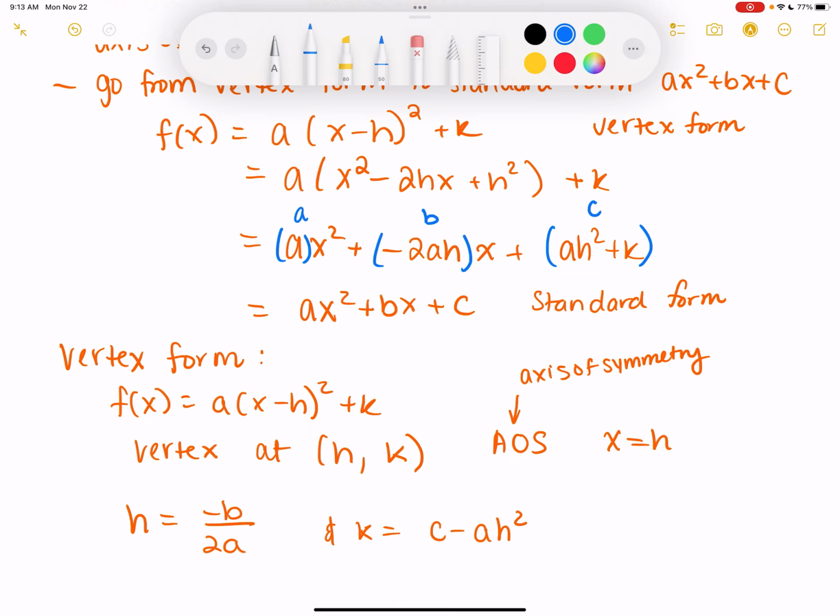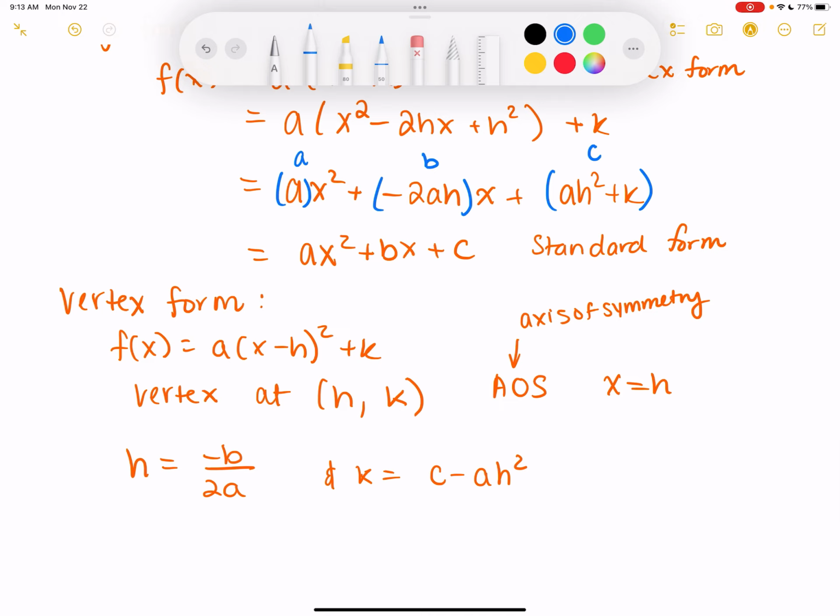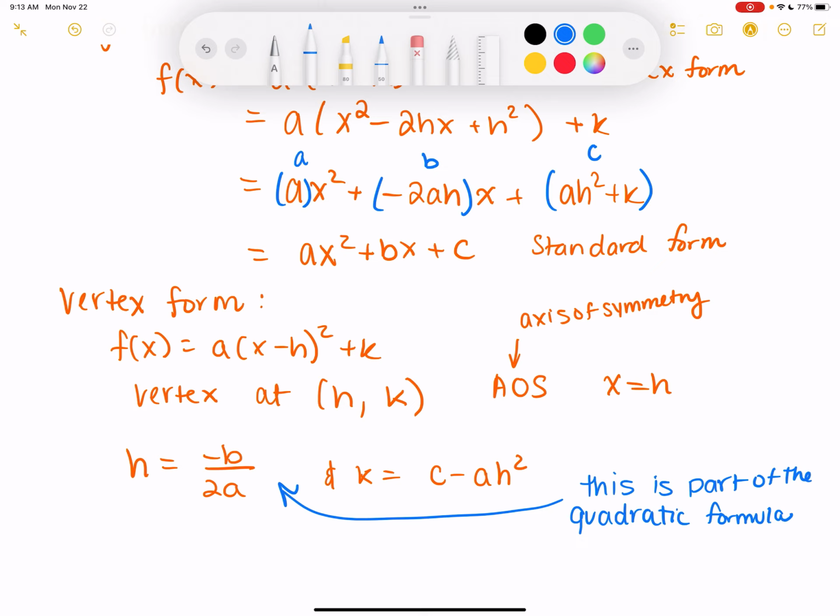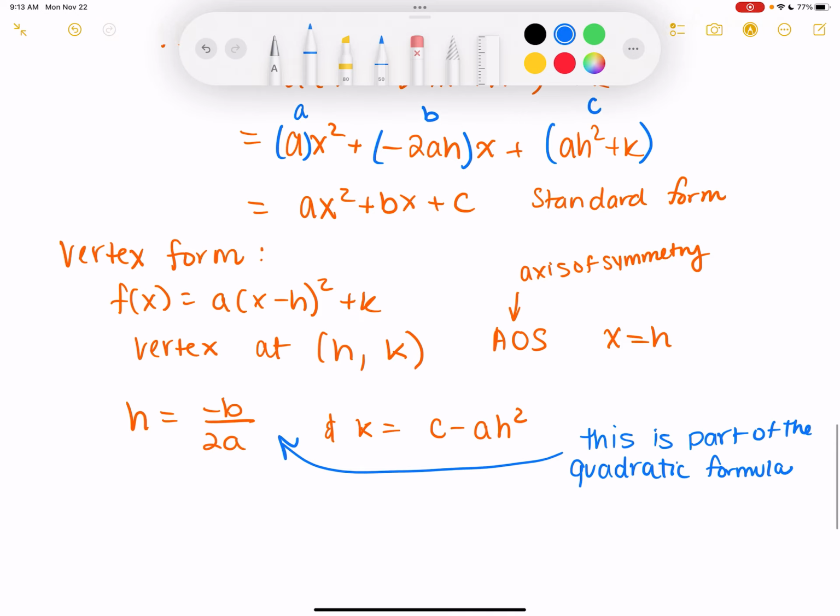Now if you'll note this h here, this is how we get this. This is part of the quadratic formula. It's the negative b over 2a part, so it's everything from the quadratic formula except for what's under the radical.